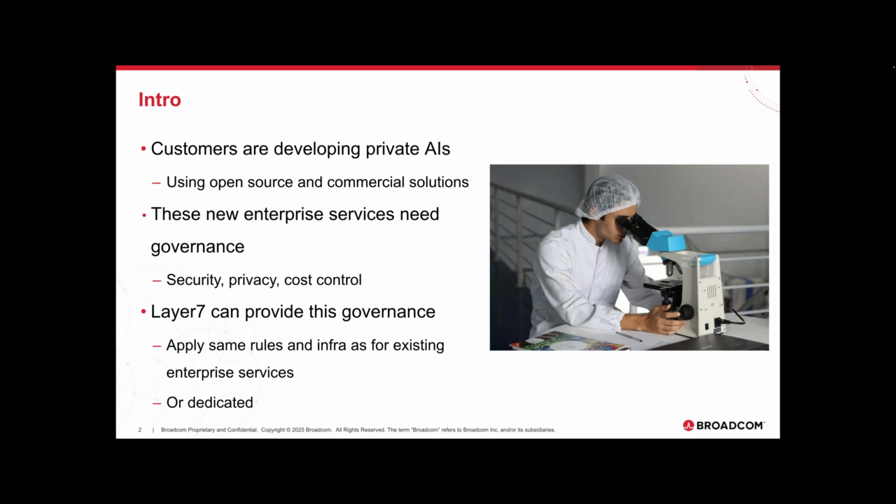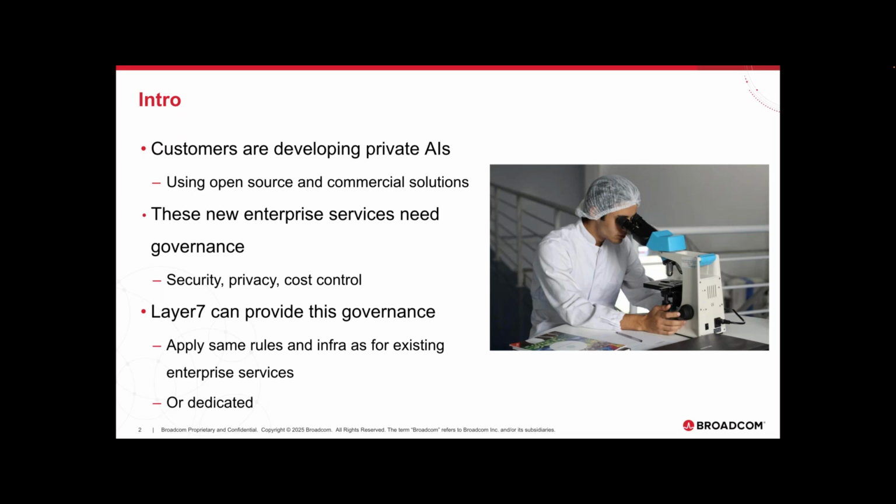So with cost control, if you query too much, it really uses a lot of processing power. Then there's the security aspect and the privacy in particular, right? You don't want to leak data. You want to control who can access and who can influence your private AI.